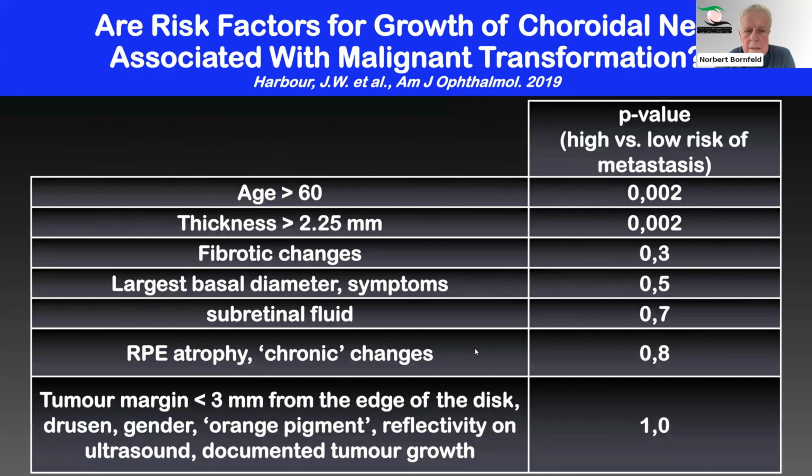What they found is that just age and thickness were relevant. All the other parameters, like largest basal diameter, subretinal fluid, lipofuscin, growth, location to the optic disc, gender, reflectivity, and others, were just not significant in terms of genetic risk factors, in particular monosomy 3.